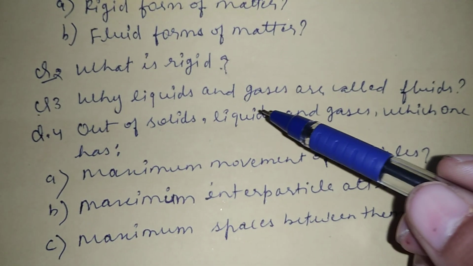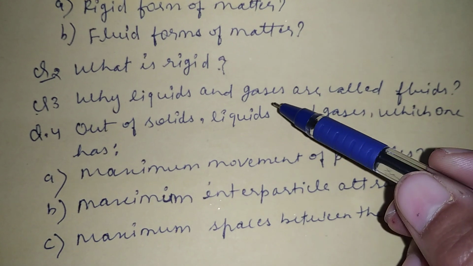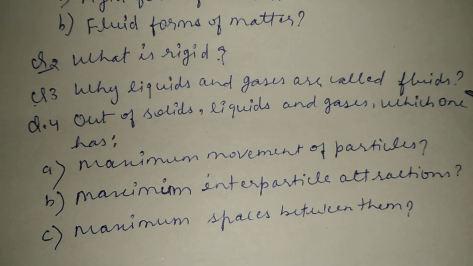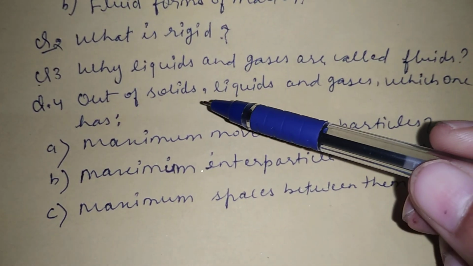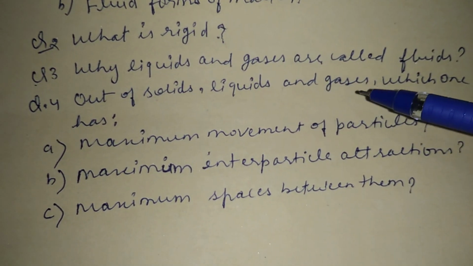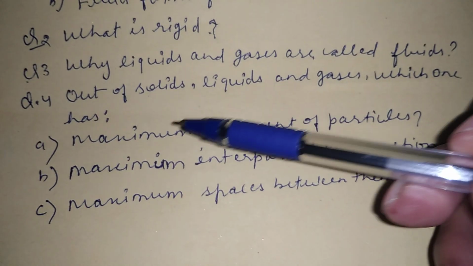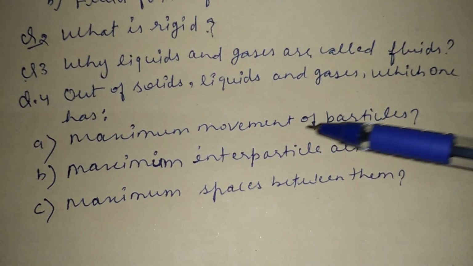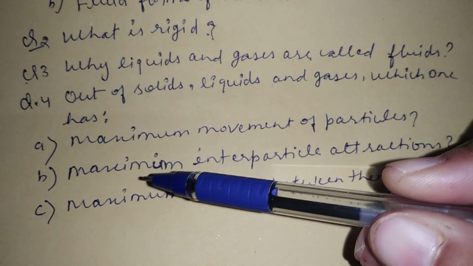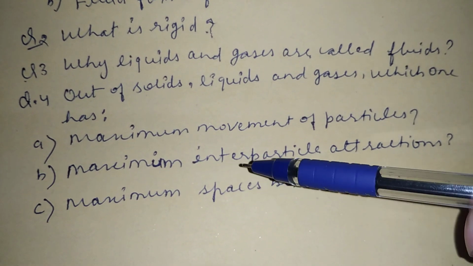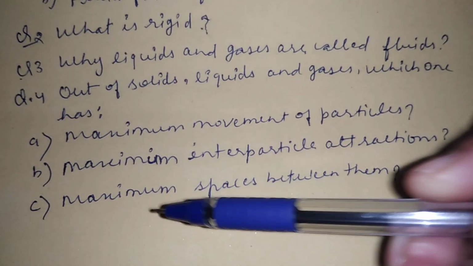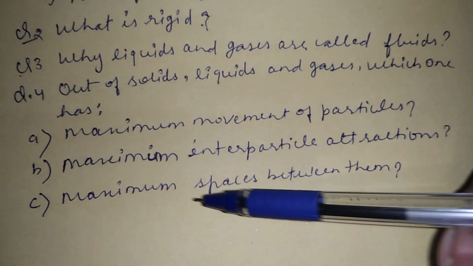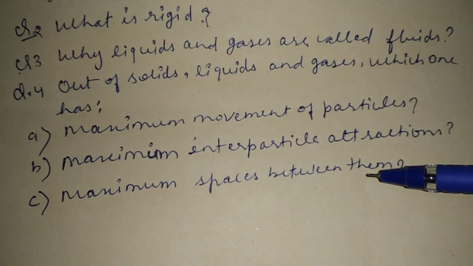Question number 3: why are liquids and gases called fluids? And question number 4: out of solids, liquids and gases, which one has A part, maximum movement of particles, B part, maximum interparticle attraction, C part, maximum spaces between them?